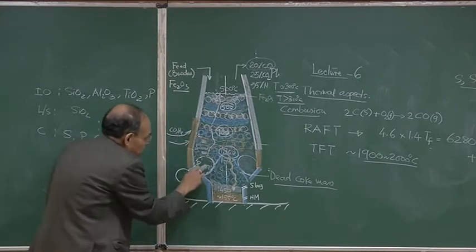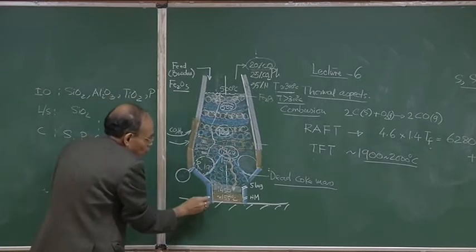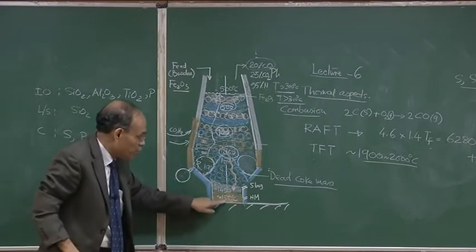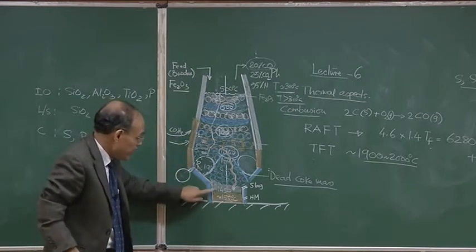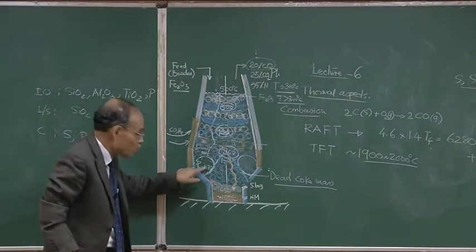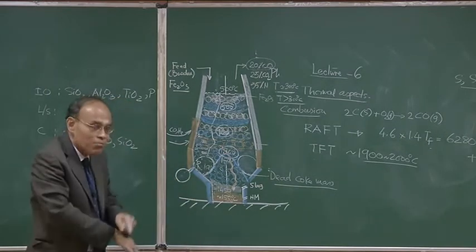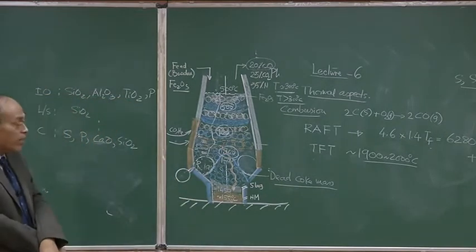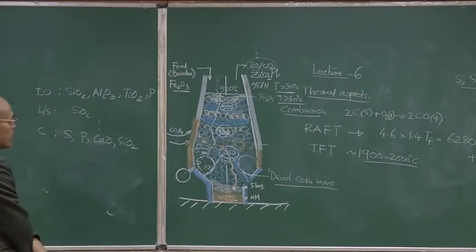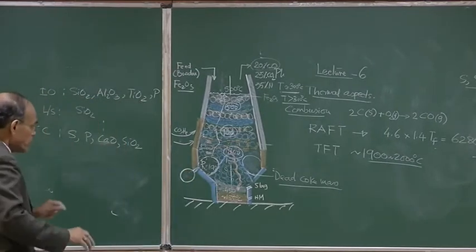The radiation effects are in all directions, but the convection carries the gas upward. The 1450 to 1550 I have written essentially means that the slag, the white colored thing, is at a higher temperature because it is close to the flame, and the metal is at a relatively lower temperature. Slag is typically about 50 degree centigrade hotter than the metal because of its proximity to the tuyere.